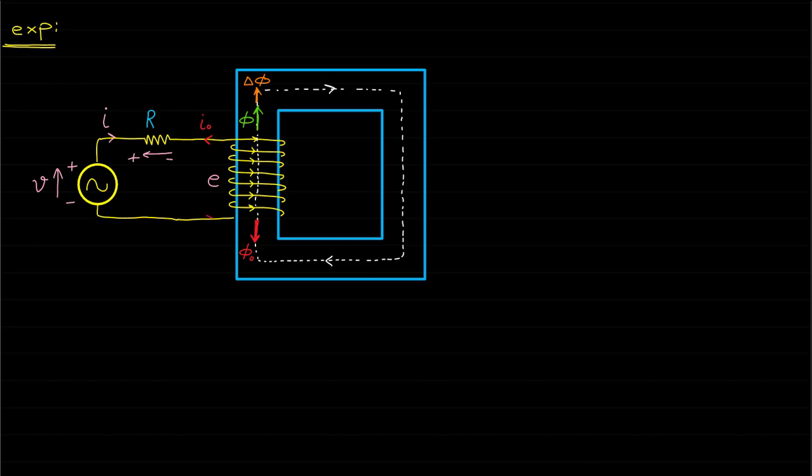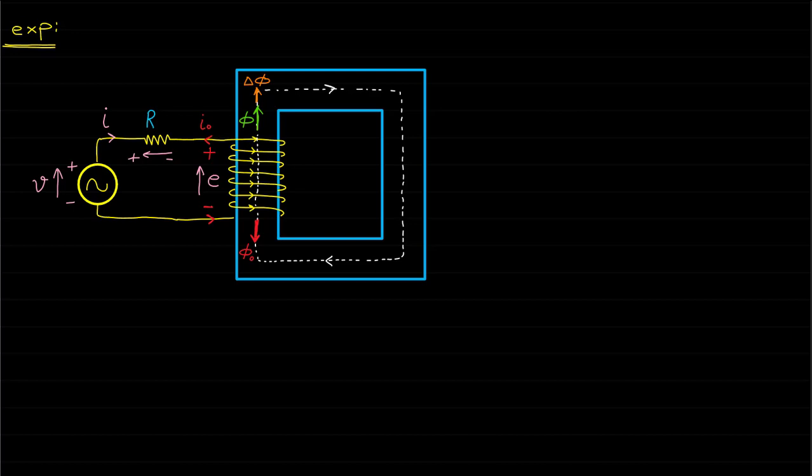Based on this direction of the current IO, the polarity of the induced voltage will be a positive sign at the place where the current IO is out of the coil, and a negative sign at the place where the current IO enters the coil. Therefore, the voltage equation of this magnetic circuit can be written as follows.